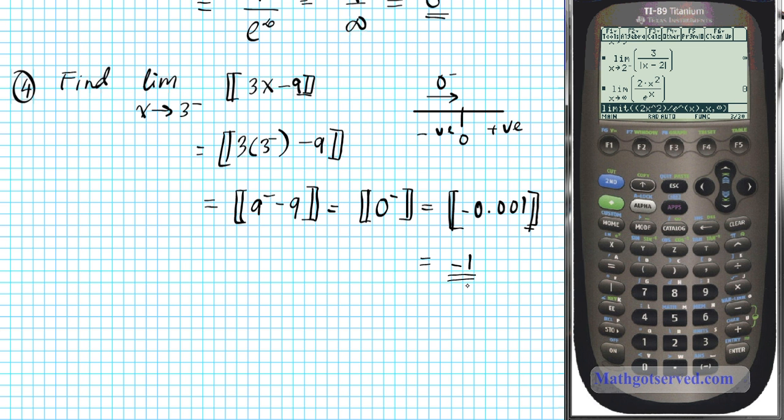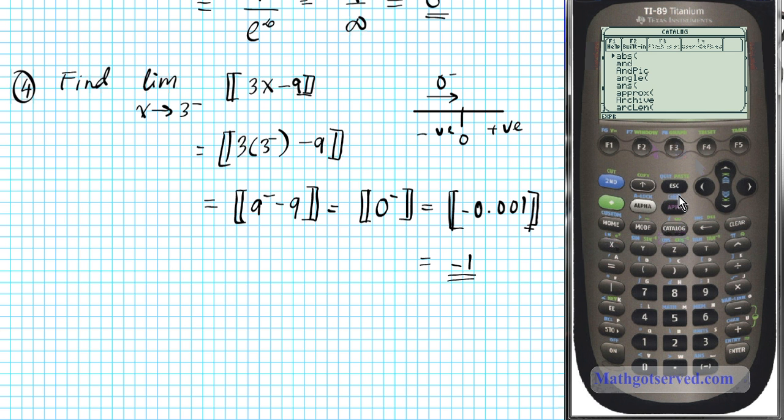Now let's go ahead and evaluate this limit using our calculator. So we remember what the syntax is. F3, option 3. We're going to enter the greatest integer function, catalog I, so we'll look for int. So int, that's the greatest integer function. 3x minus 9.